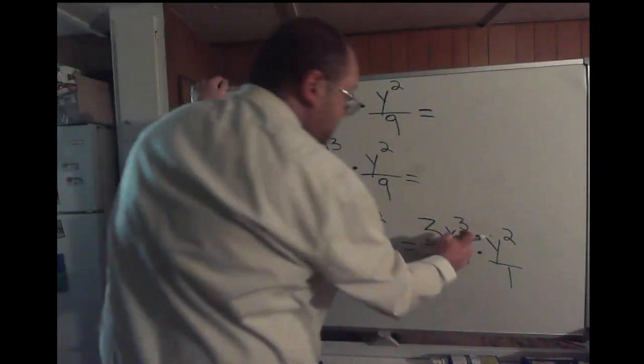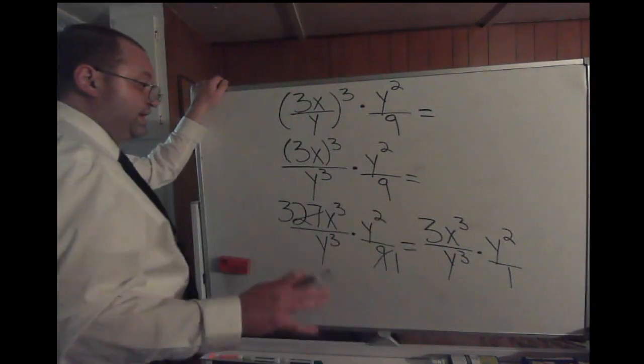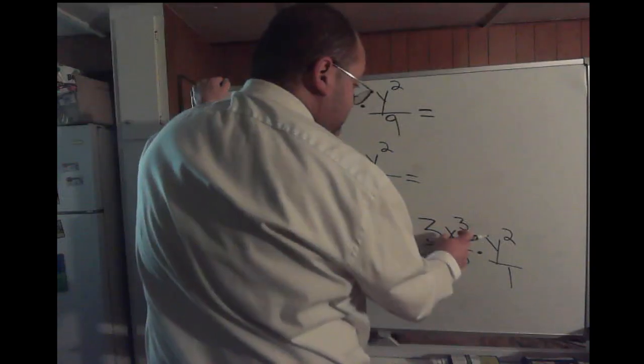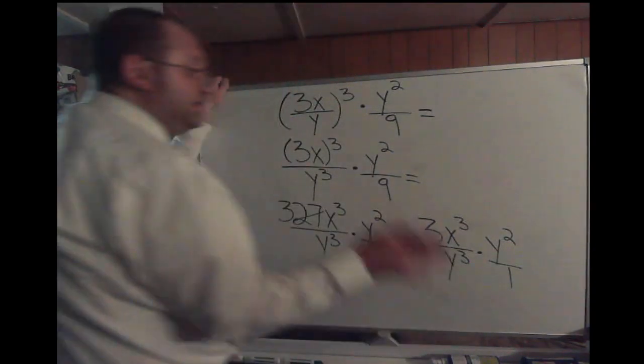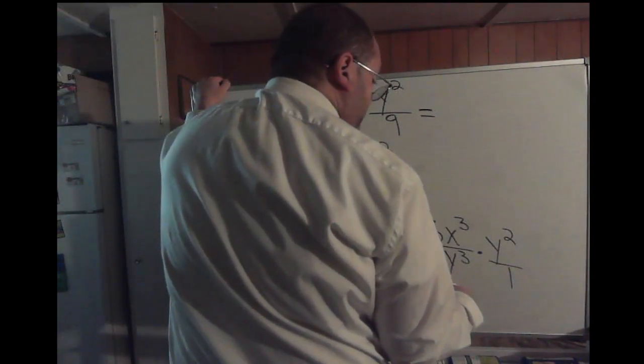Well, the x's don't factor any further. There's no other factor of x. But y to the third and y to the second have a greatest common factor of y to the second. You divide y to the second by y to the second, you'll just get 1. Divide y to the third by y to the second, you get y.